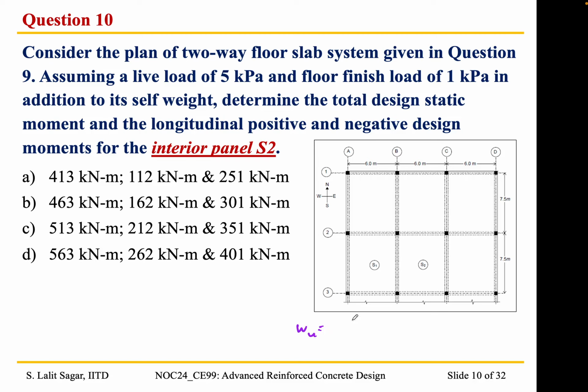WU is equal to, first we need to consider self weight, 25 into 0.18, plus 5 plus 1, multiplied by 1.5, which is 15.75 kilonewton per meter square.